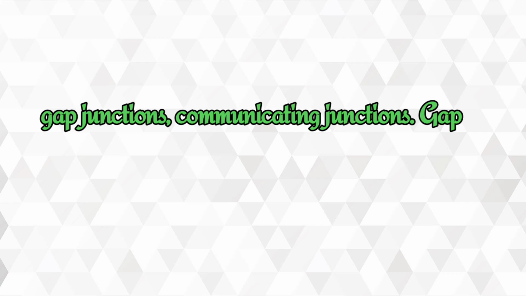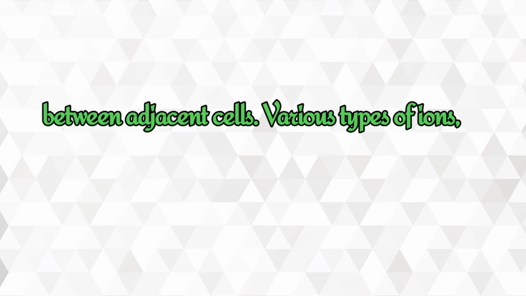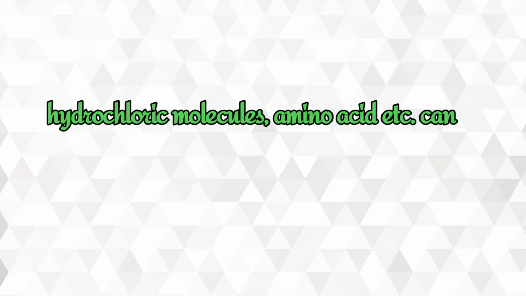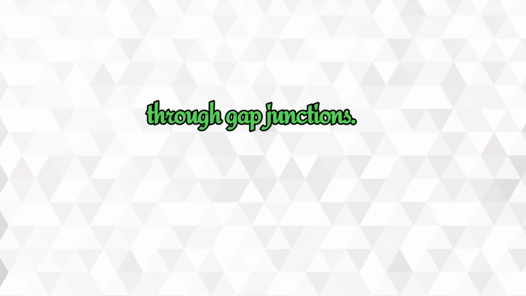Gap junctions. Communicating junctions. Gap junctions means communicative junctions. They provide continuous cytoplasmic canals between adjacent cells. Various types of ions, sugar molecules, amino acids, etc. can pass from a cell to an adjacent cell through gap junctions.